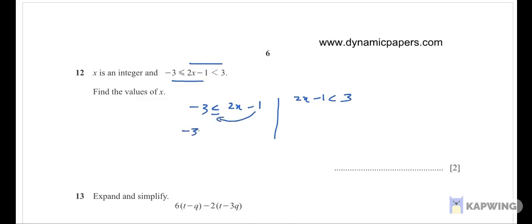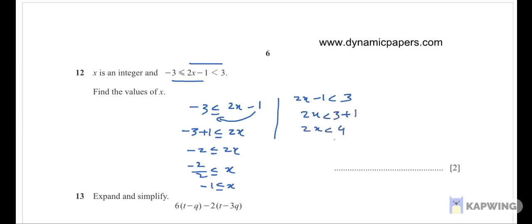It will be -3 plus 1 less than or equal to 2x. -2 is less than or equal to 2x. 2 will divide on the other side, so -2/2 is less than or equal to x. So -1 is less than or equal to x. Or in other words, x is greater than or equal to -1. Then from here, 2x is less than 3 plus 1, 2x is less than 4, x is less than 4 divided by 2. So x is less than 2.